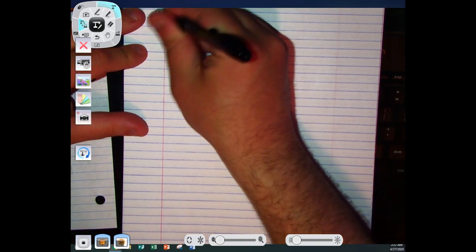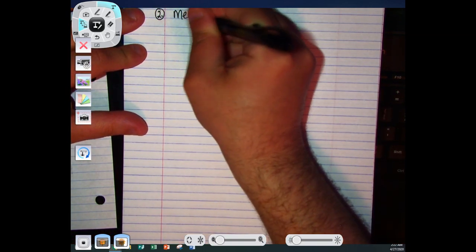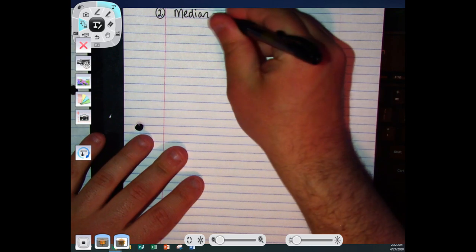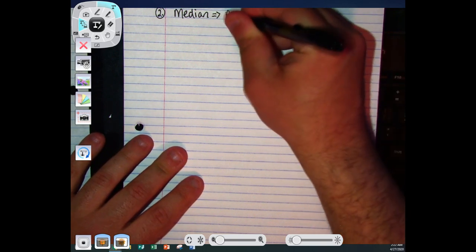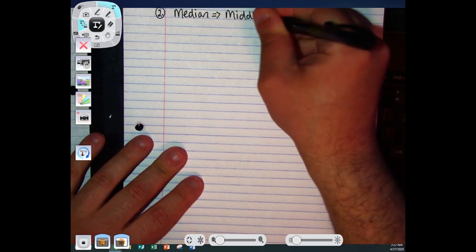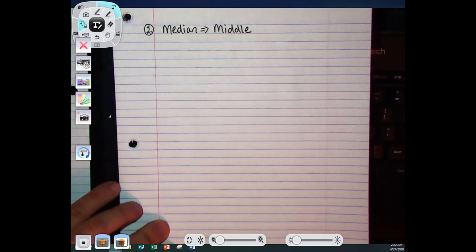So we're going to move on to the second measure of central tendency, the second measure of center, and that's the median. Remember that the median represents the actual middle of a group of data.